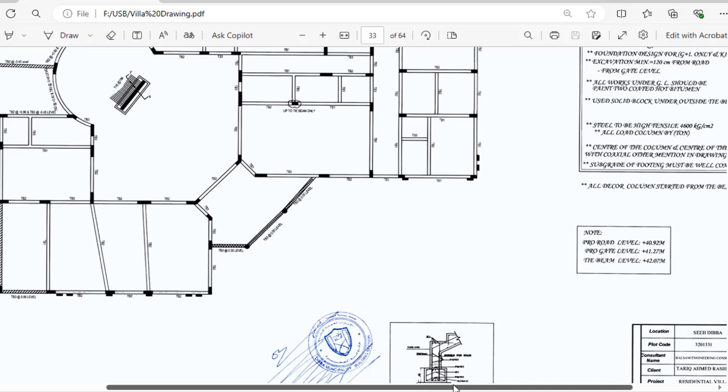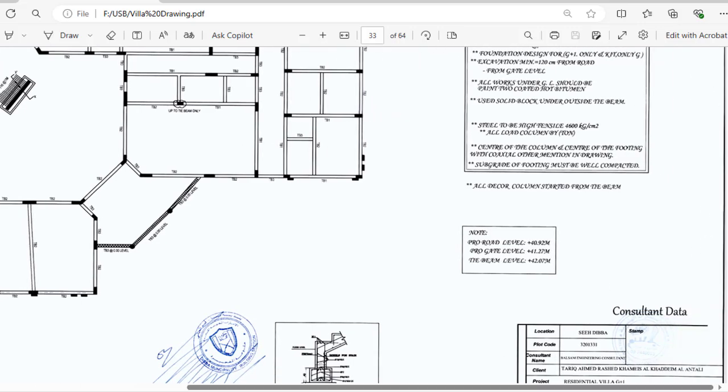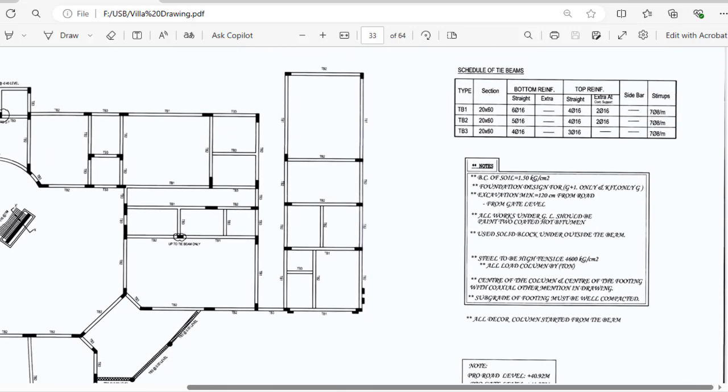We have some notes here which I discussed in the last lecture. Notes you must study before applying the drawing on site. Here we have bearing capacity of soil 1.5 kg per centimeter square. Foundation design for G+1. Excavation minimum 1.2 meter, that is 120 centimeter, from road level, from gate level.